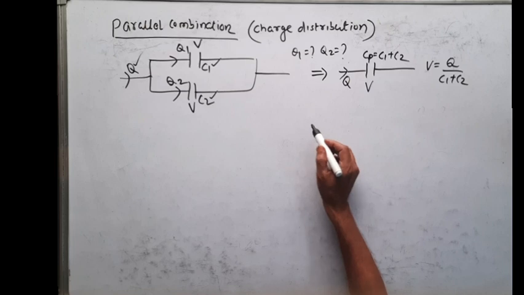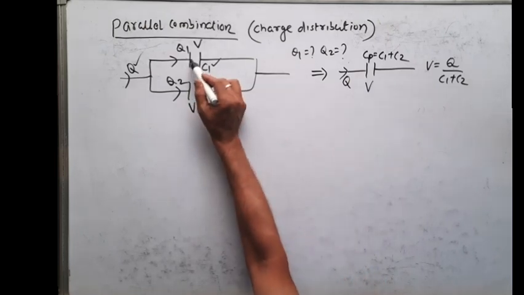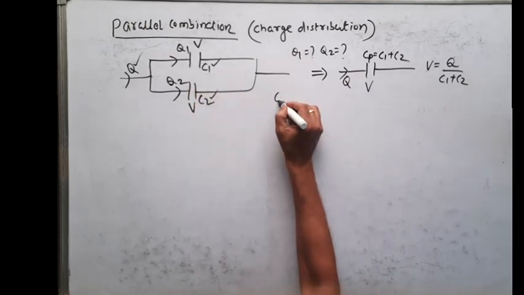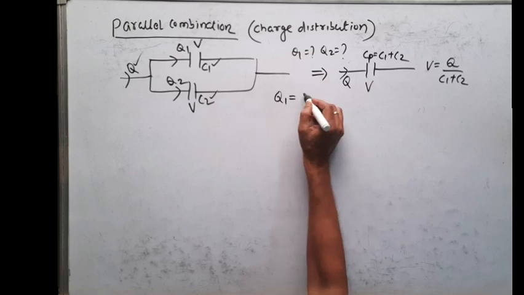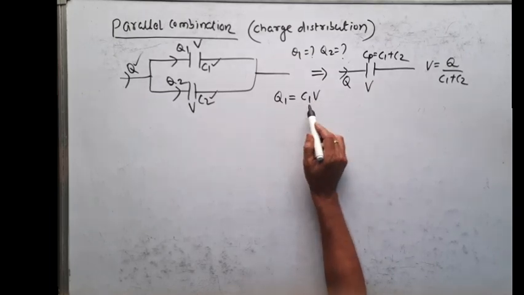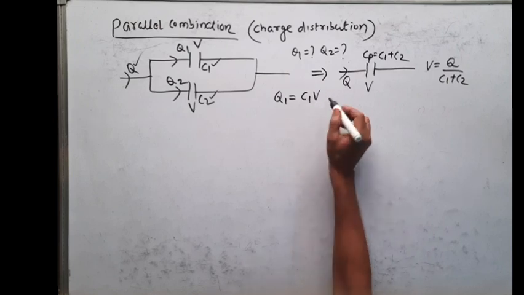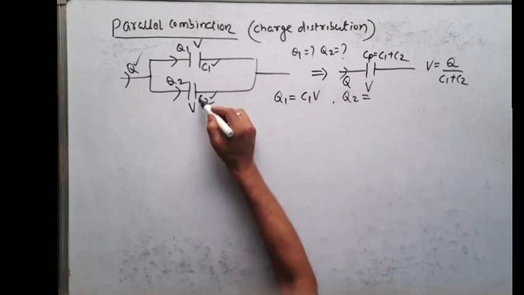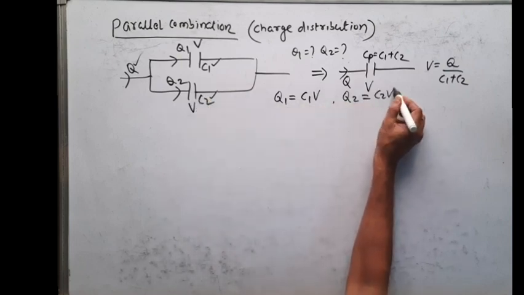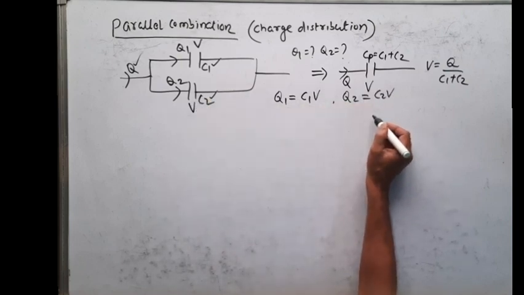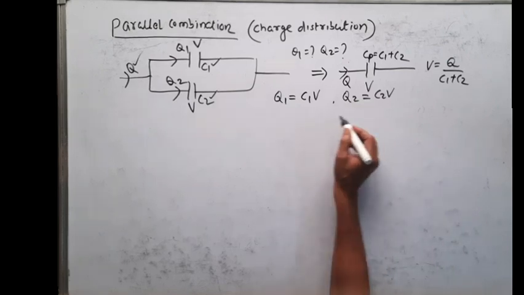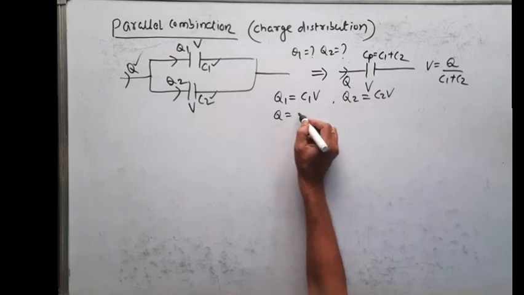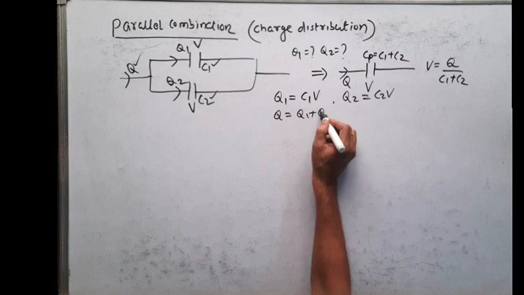Now I want to find the charge across the first capacitor. Q1 is equal to C1 into V. Similarly, Q2 is equal to C2 into V. But the total charge Q must be equal to Q1 plus Q2.